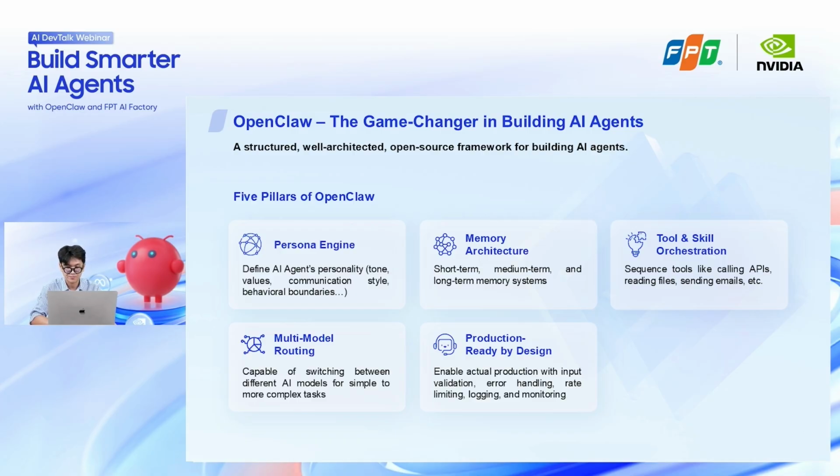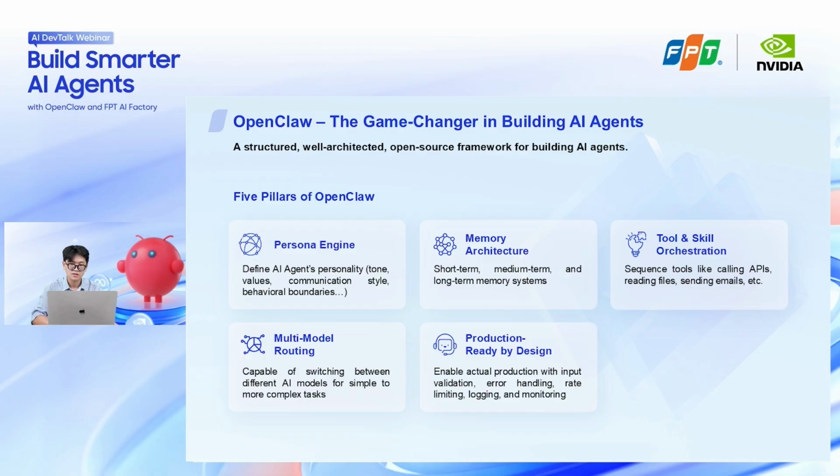Number 3, tool and skill orchestration. Your agents can call APIs, read files, send emails, or update a CRM, whatever you can define. Then OpenClaw sequences those tools for you, handles failures, delivers a result, and you don't have to write the orchestration loop yourself.